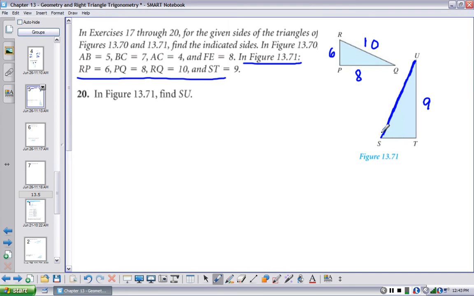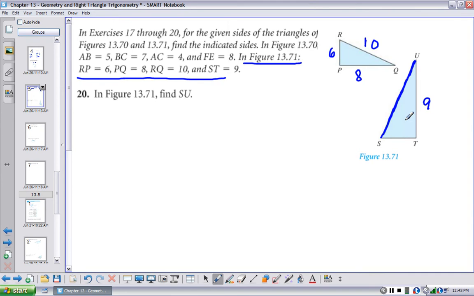Now, what they don't tell us and what they should tell us is that these are similar triangles. That needs to be known, because then we can set it up. In the first example we did, we set up the two sides of one triangle equal to the corresponding sides of the other. In one example we did, the hypotenuse on one equals the hypotenuse on the other. You can set it up either way you want to, as long as you're consistent.